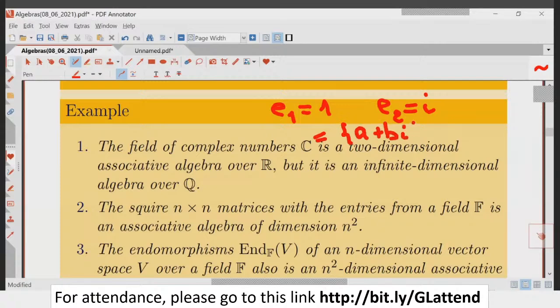So that means this is just a times 1 plus b times i, or it is a times e1 plus b times e2, where a, b are real numbers.